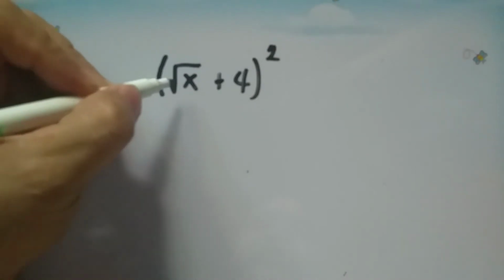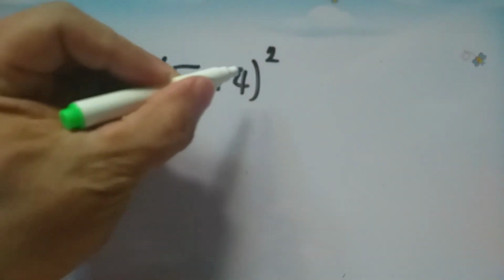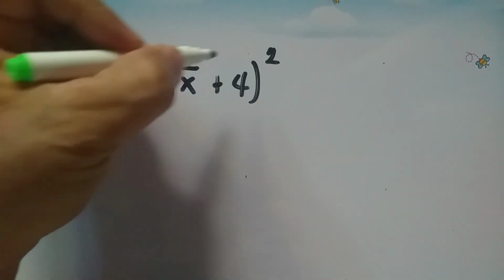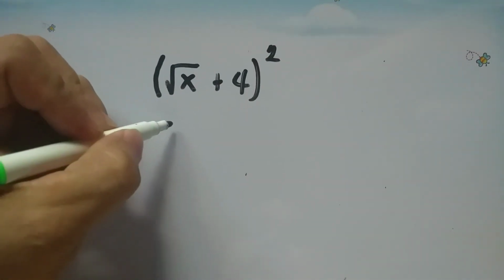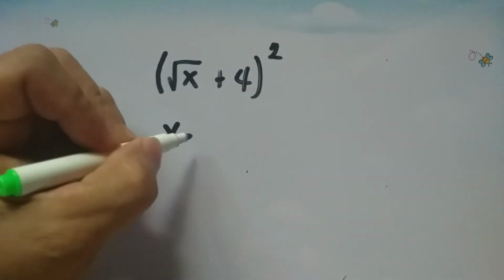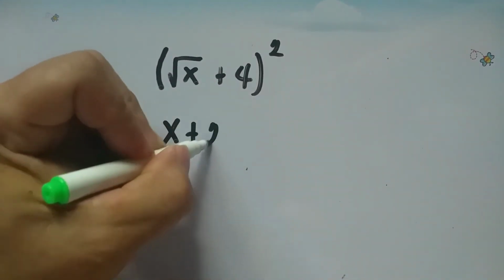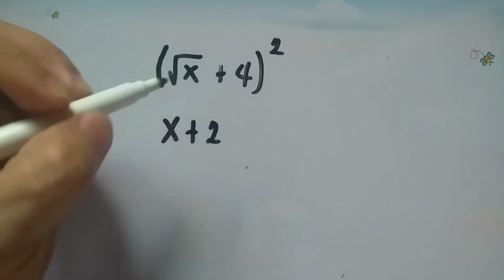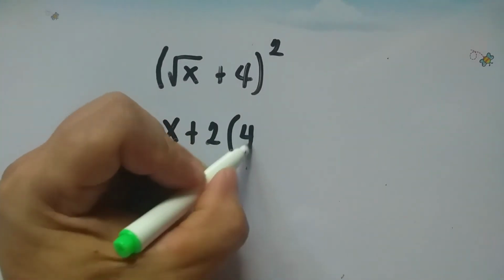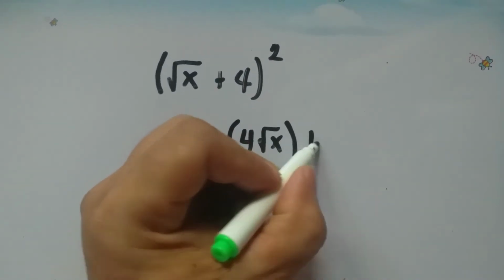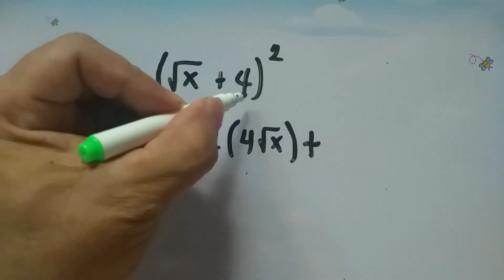Given the square root of x plus 4 squared. So let us square the first term. We have the square root of x squared is x, plus twice the product of the square root of x and 4 is 4 times the square root of x, plus the square of the last term.